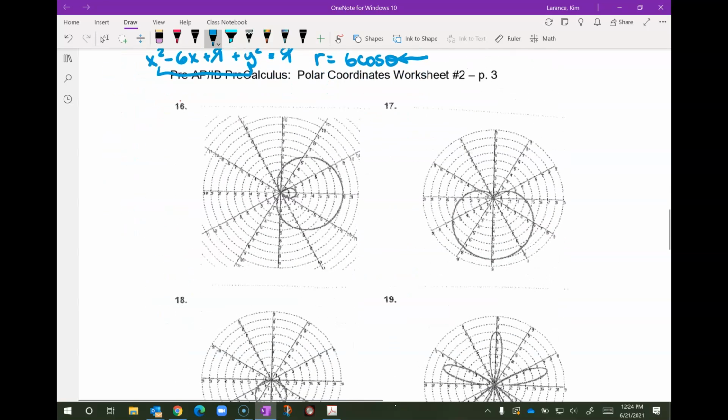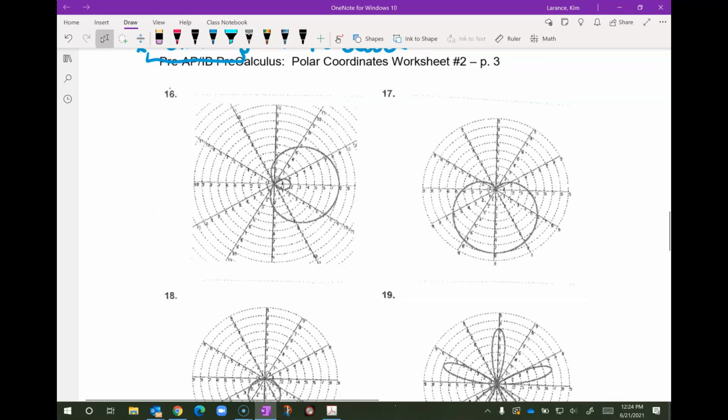Here are some really crazy ones. This first one is called a limaçon. It has a loop. And let's see, I should know what the equation of this is. Let's see, it looks like our loop is 2 and this is 8. So this is the equation r equals, I think, let's see, 8 plus 2 cosine theta.